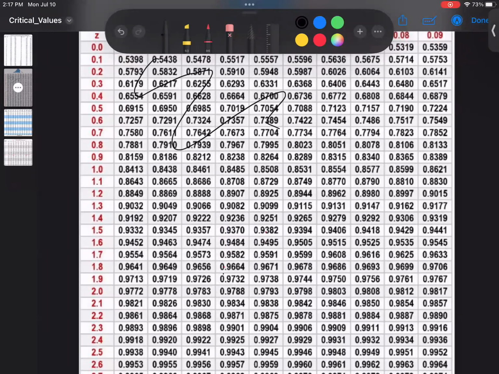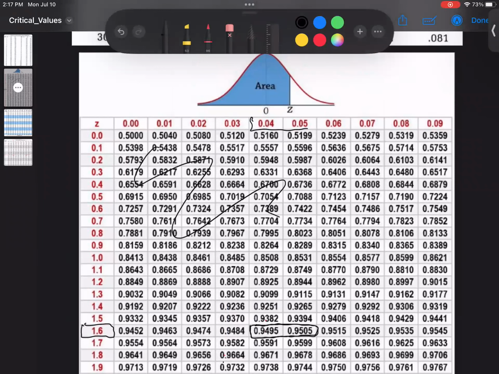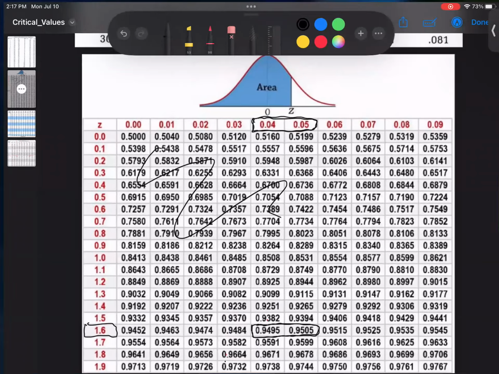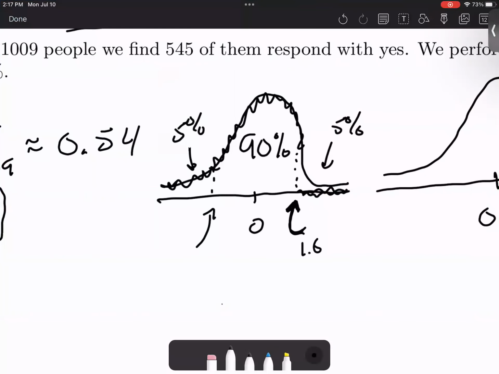And I believe that I'm stuck in between two values. 0.95 is right in the middle there. So the z-score that I should take is right in the middle. We'll take 1.645. So this is 1.645, meaning that this is minus 1.645.